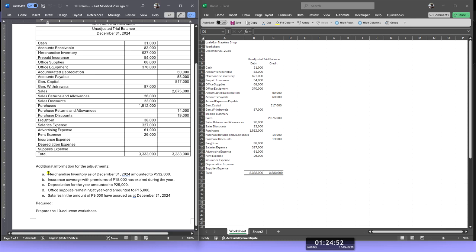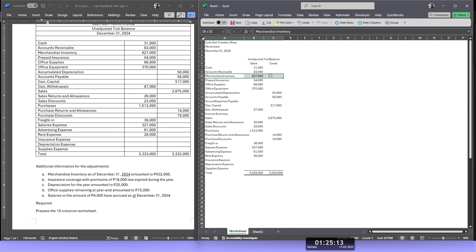Okay, so the first adjustment is ending inventory. The standard procedure for adjusting ending inventory is first to close the beginning inventory, which is usually included in the unadjusted trial balance.